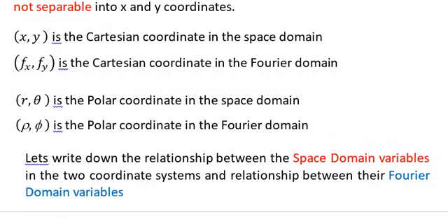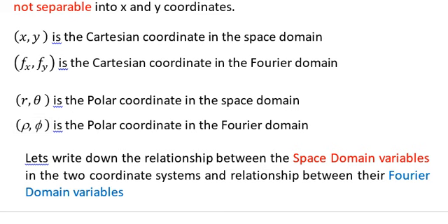Now let's recall some variables. x and y are the variables in the Cartesian coordinates in the space domain, and fx and fy are the corresponding Cartesian coordinates in the Fourier domain. r and theta are the polar coordinates in the space domain, and rho and phi are the polar coordinates in the Fourier domain.